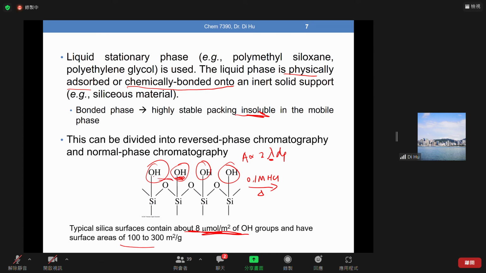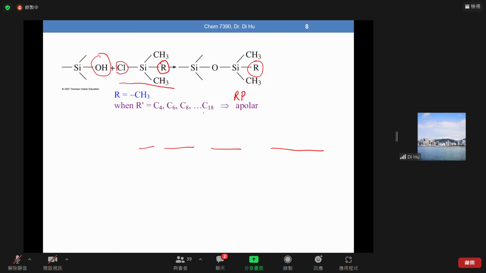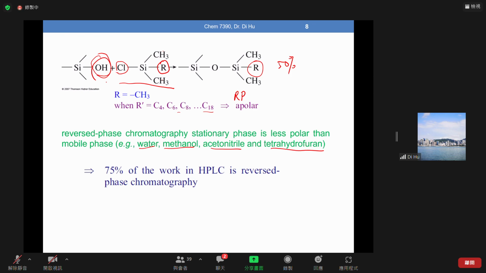Therefore, not all of these silanol OH groups can be chemically derivatized to have those functional groups. Normally, at the most, only 50% of the OH gets derivatized, and you still have about 50% of the OH groups remaining there. So what happens?